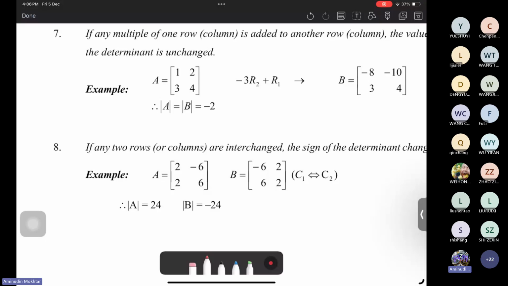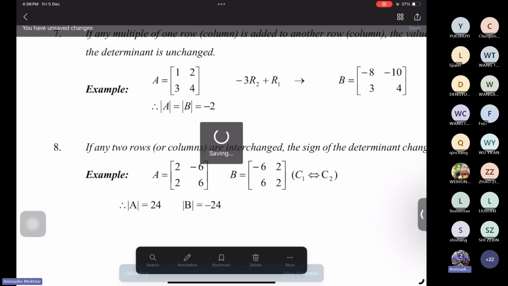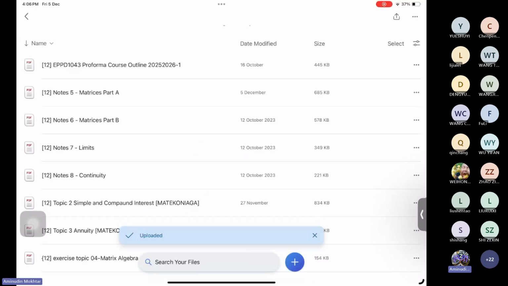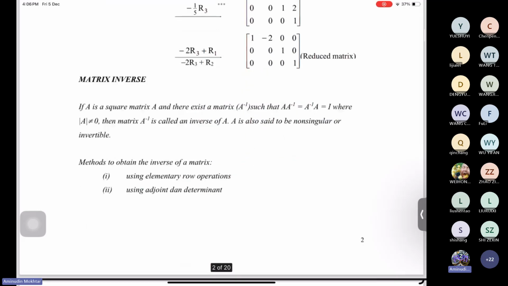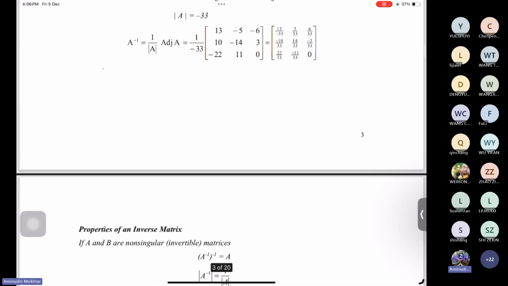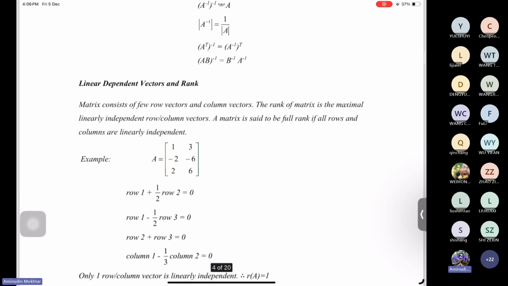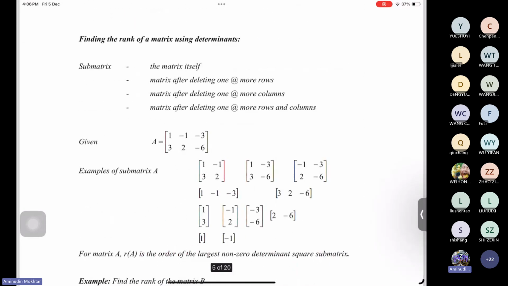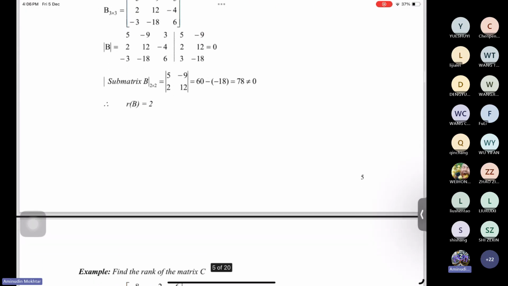After this, I will proceed to the application, how to apply this method. Please refer to the second part of our note. This is part A. You can find part B. There are a few concepts here. I leave it to you. Please read by yourself and try to understand what the topic is all about. After this I will take a few examples, which are not in this note.